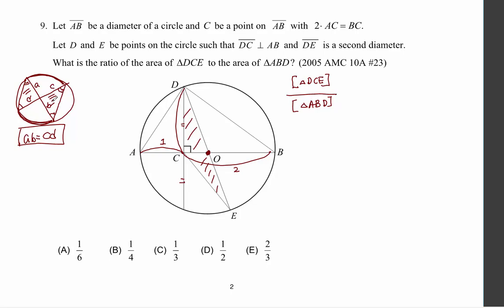But in this case, the corresponding side of A is C, not B. You gotta be careful: A over C is a corresponding side, and D over B is the corresponding side. Now you can cross-multiply, so A times B equals C times D.